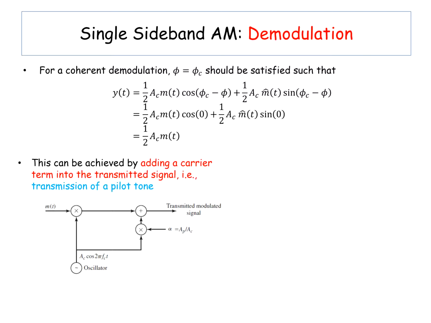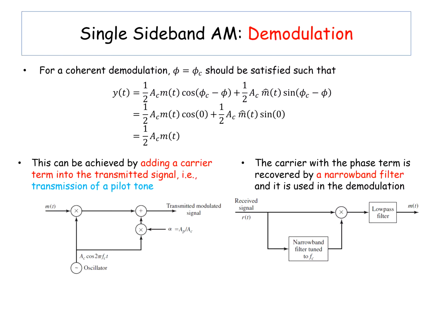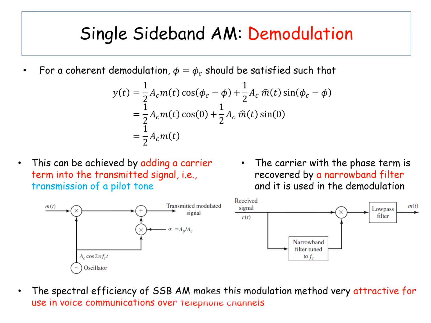This signal is commonly known as pilot tone. At the receiver side, the added signal can be recovered by a narrowband filter and used in the demodulation. This operation makes the phase terms equal. Due to its spectral efficiency, the single sideband AM is very attractive for voice communications over telephone channels.